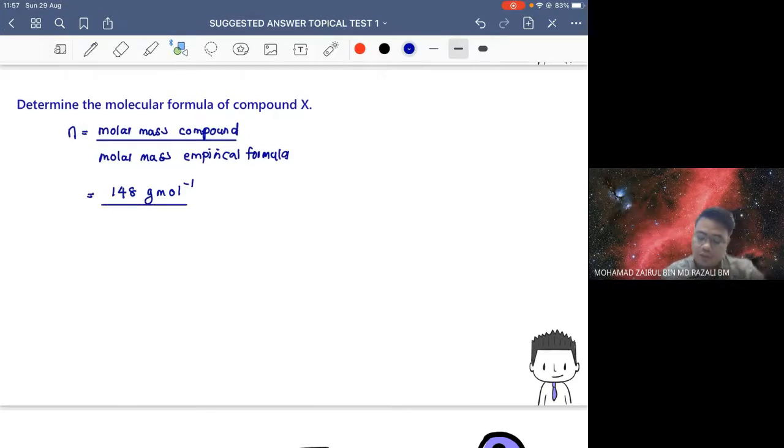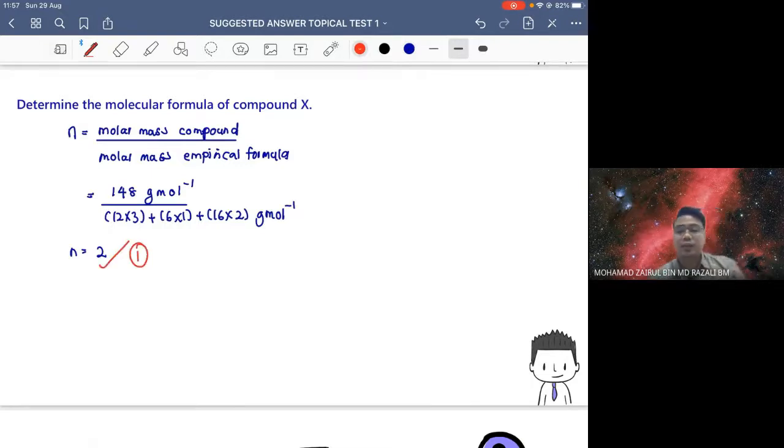Molar mass of the empirical formula. So you will get 12 times 3 plus hydrogen has 6, so 6 times 1. Oxygen has 2, so 16 times 2 gram per mole. So you will get the value of N equals 2. So once you get this multiplication factor, you get another 1 mark. Then another 1 mark, you multiply this multiplication factor with the empirical formula.